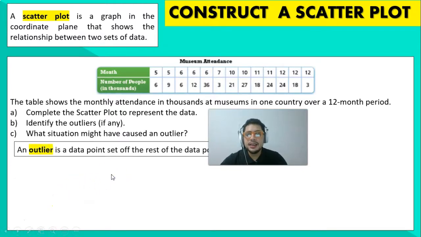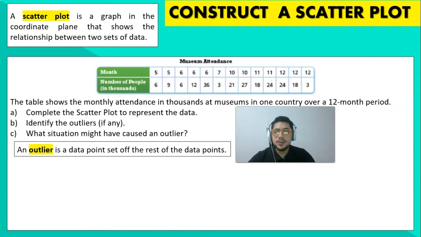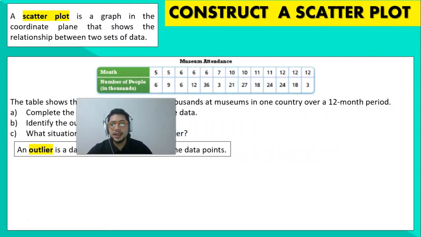An outlier is a data point that is set off from the rest of the data points. So if a point doesn't follow the trend of the graph, that is going to be an outlier, like its name says. And C is what situation might have caused that outlier. So if we find any, we will try to see where it happened and why it may have happened.